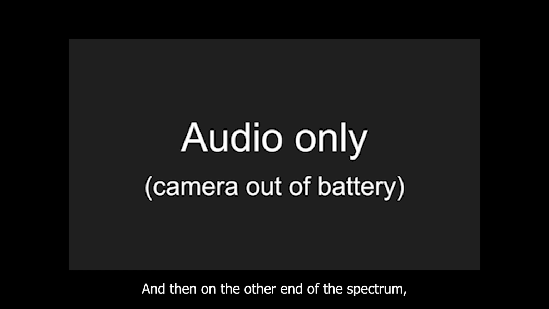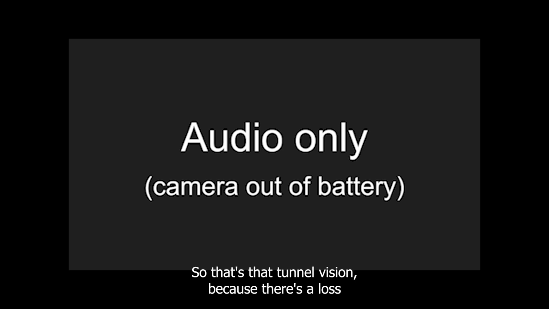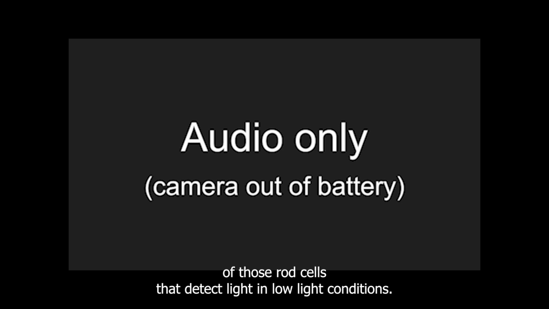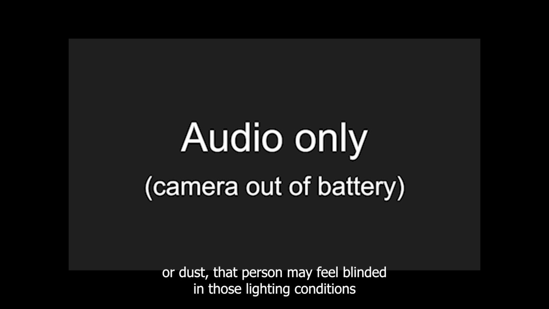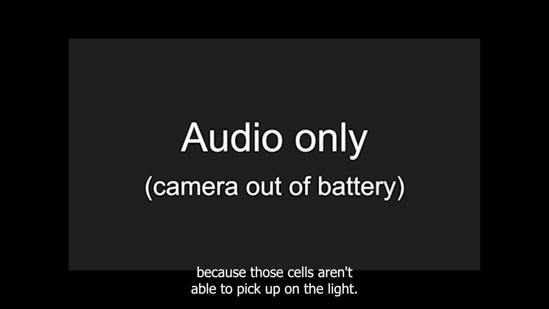And then on the other end of the spectrum, retinitis pigmentosa, so that's that tunnel vision. Because there's a loss of those rod cells that detect light in low lighting conditions, it means in classrooms, outside at dawn or dusk, that person may feel blinded in those lighting conditions because those cells aren't able to pick up on the light. So I think that's a few more pictures.